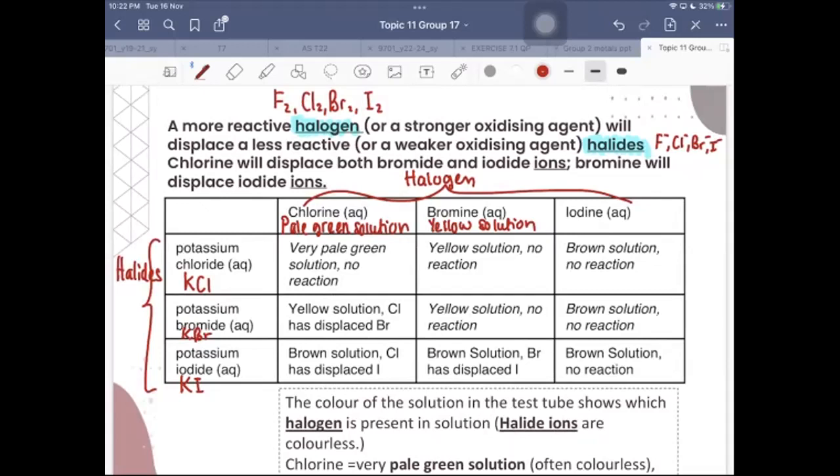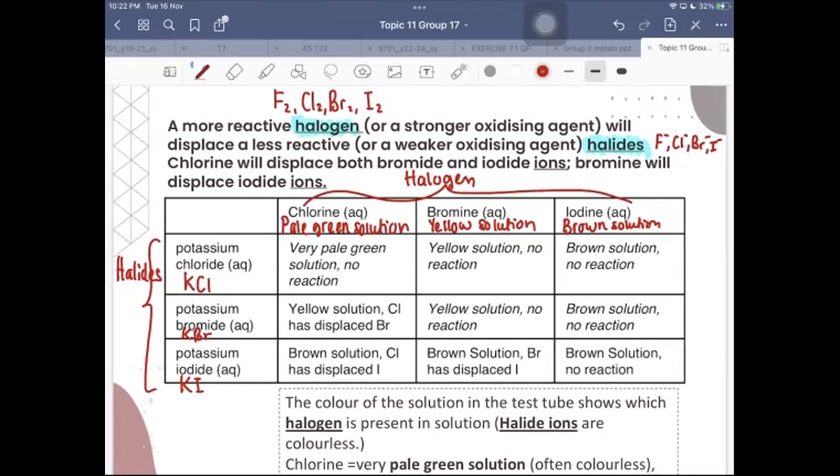Br2 as an aqueous is the bromine dissolved in water. So you would imagine the brown color would become very, very light when you add water. And your iodine would be a brown solution. As a solid it is purple or even black, but when you dissolve it in water, it appears as a brown solution.